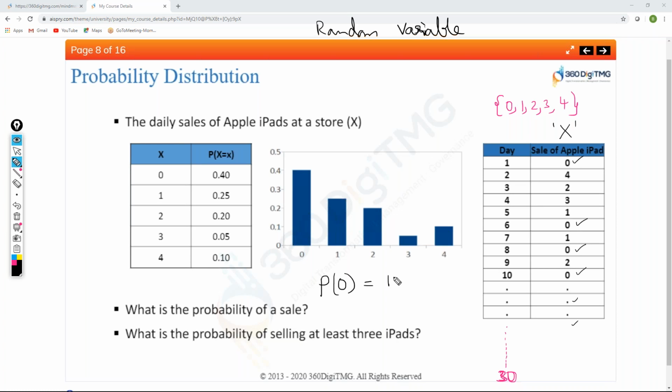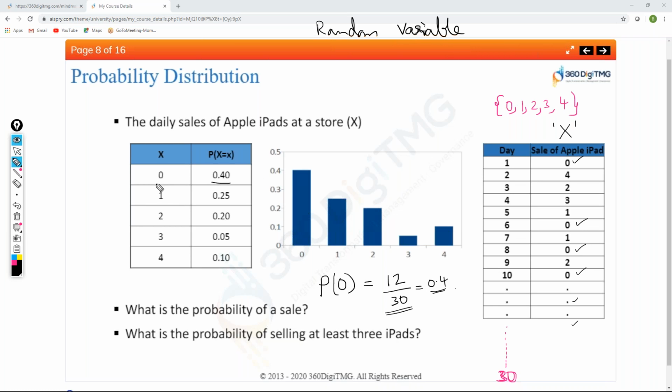Say it appeared 12 days out of a total number of events of 30. When you solve this, you get a number as 0.4. So there is a probability associated with a random variable being equal to 0. There's a chance associated, probability, so it's a random variable.